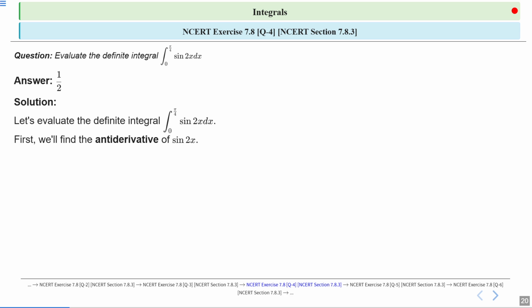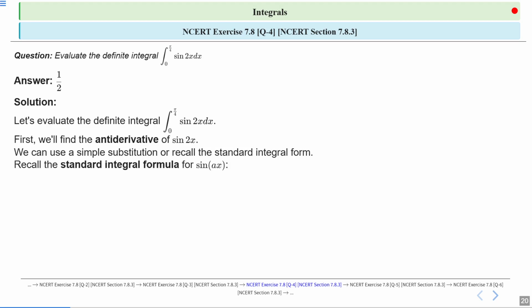So to evaluate the definite integral from 0 to pi by 4 of sine 2x, at first we have to calculate the value of the antiderivative of sine 2x. We can use a simple substitution, or we can use a standard integral formula: the integration of sine ax dx is minus cos ax by a plus c. We can also use the substitution method.